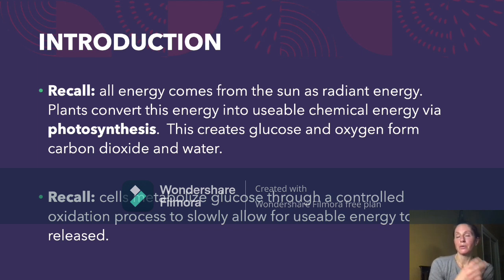So the lesson that we don't do in the book talks about how you could break down glucose really quickly, but a lot of the energy would be released as thermal energy, and it wouldn't be able to be used to drive other processes. So it wouldn't be able to make ATP. So instead, there's a whole bunch of reactions that occur slowly that are able to then trap the energy and make it into usable energy.